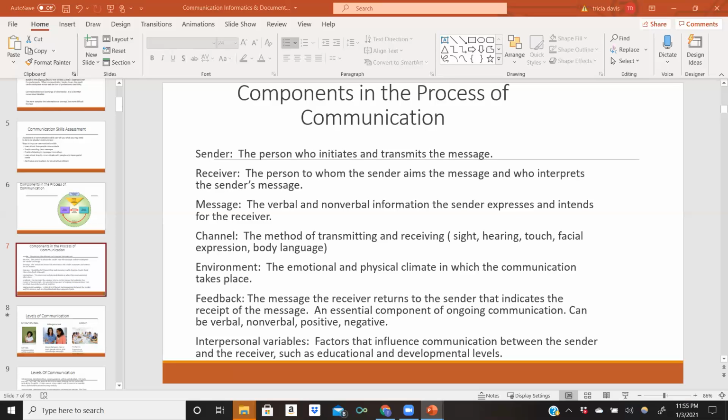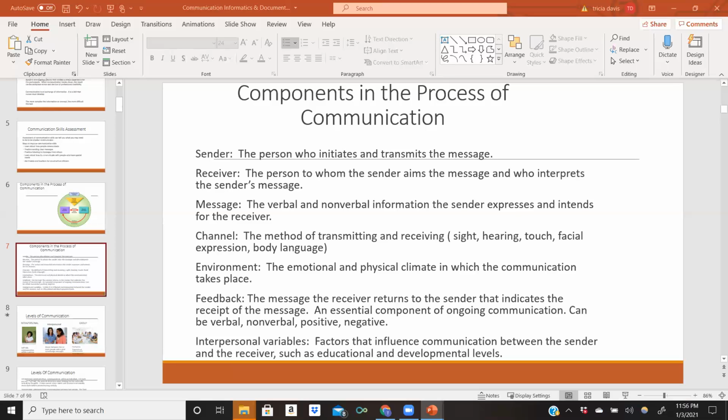You have interpersonal variables, so factors that influence communication between the sender and receiver, such as educational and developmental levels. So not everybody has been to nursing school or medical school, and they don't know the language that we use, what I call the nursing language. You have to talk like a nurse.